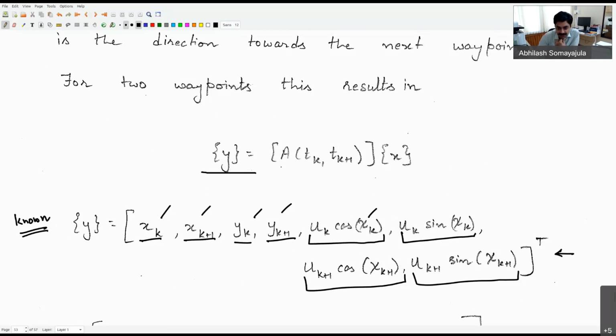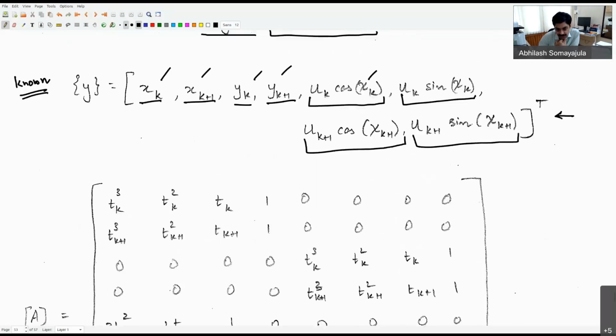And then I'm able to set it up as a cubic polynomial, where x is basically the set of coefficients.